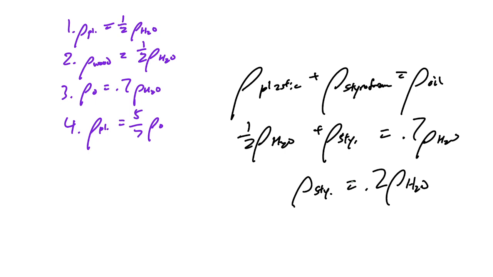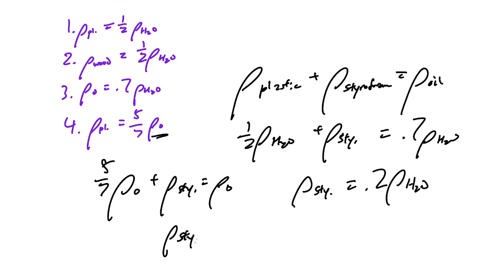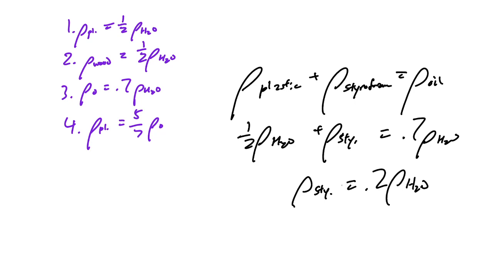There's also a different way of doing this, which is we could say that since our plastic has 5/7 the density of oil, plastic plus styrofoam is going to be equal to oil, and we know that styrofoam is then 2/7 the density of oil, and then we can compare that, and that just takes a bit more math and a bit more working that I'm too tired to deal with right now.